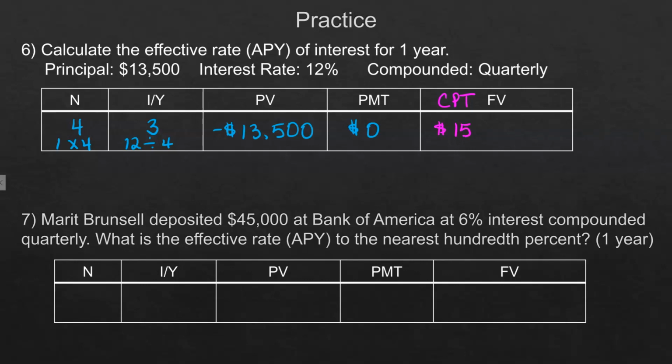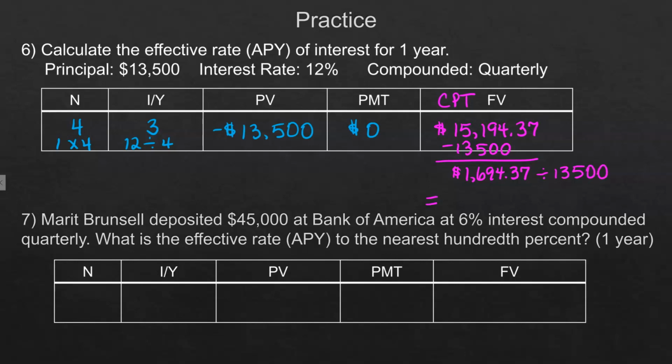So 15,194.37, and then we subtract out the 13,500, our original, and that tells us how much interest we earned. So 1,694.37. To find the APY, we divide that by our principal amount, which was 13,500.